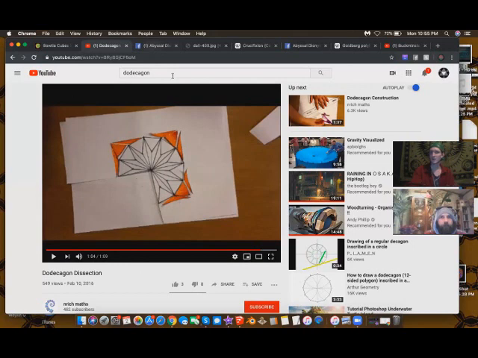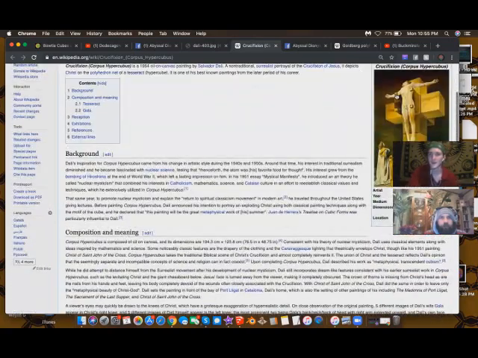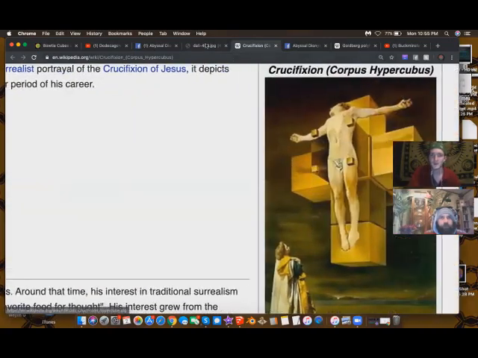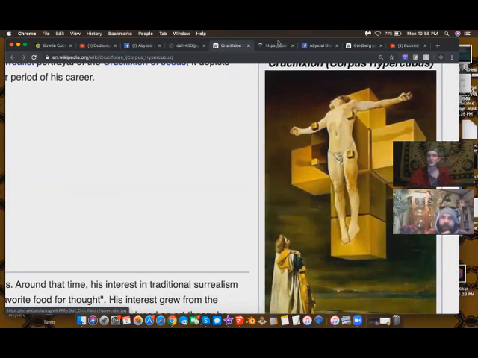Also, I don't know if you've ever seen it, but the cross of Christ, if you look at it as a two-dimensional polygon, it's a 12-sided polygon. And then you look into the religious aspect, with right here, Salvador Dali's crucifixion, let me see if I can pull up this image.